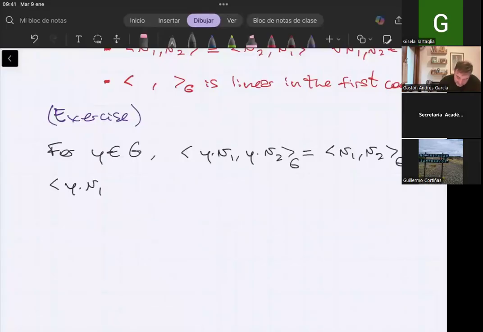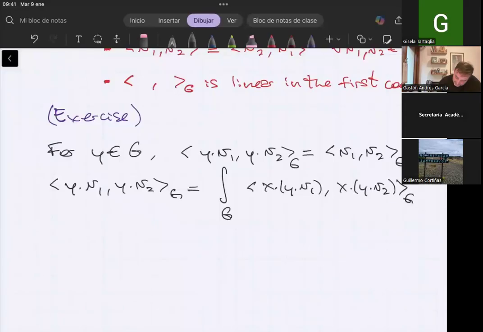So, okay. What is the new inner product of y V1 against y V2? So this is the Haar integral of the inner product of x acting on y V1 and x acting on y V2. Yes, but this is actually, because it is a representation, the same as xy acting on V1, xy acting on V2.